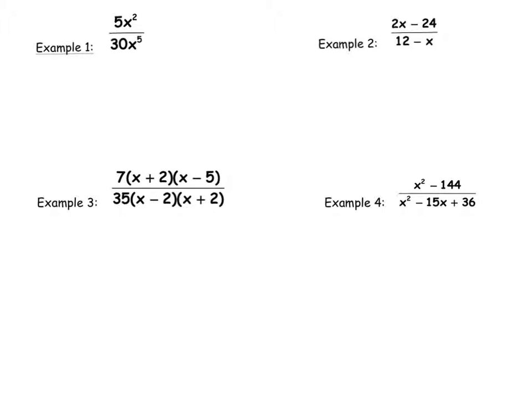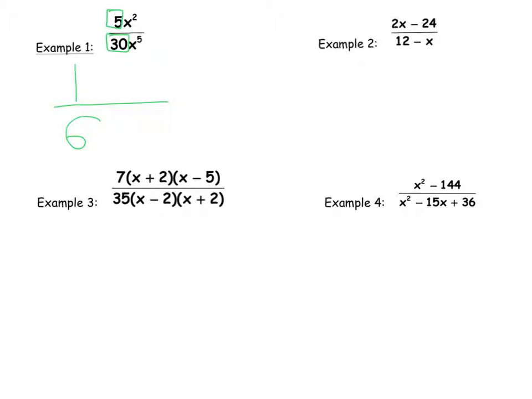So let's start with the fraction part. We have 5 divided by 30. Some of you might jump the gun and say 6, but you have to be careful, because this is not 30 divided by 5, it is 5 divided by 30. So this is going to be 1 divided by 6.